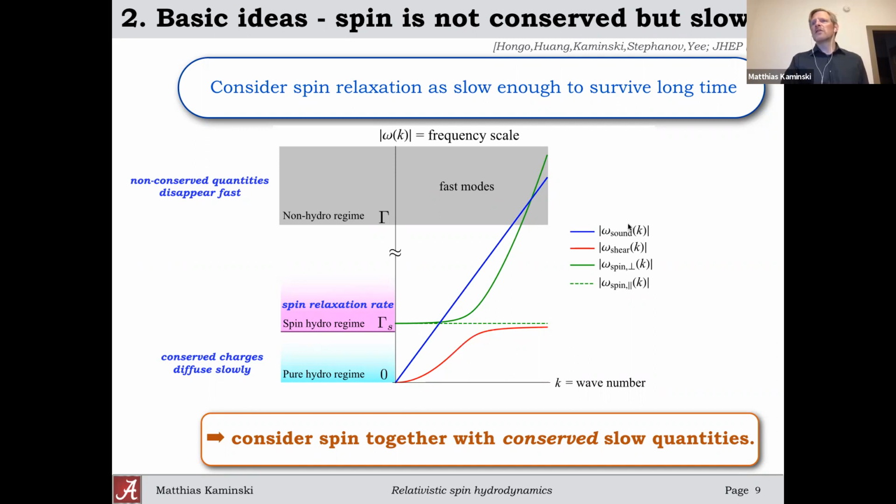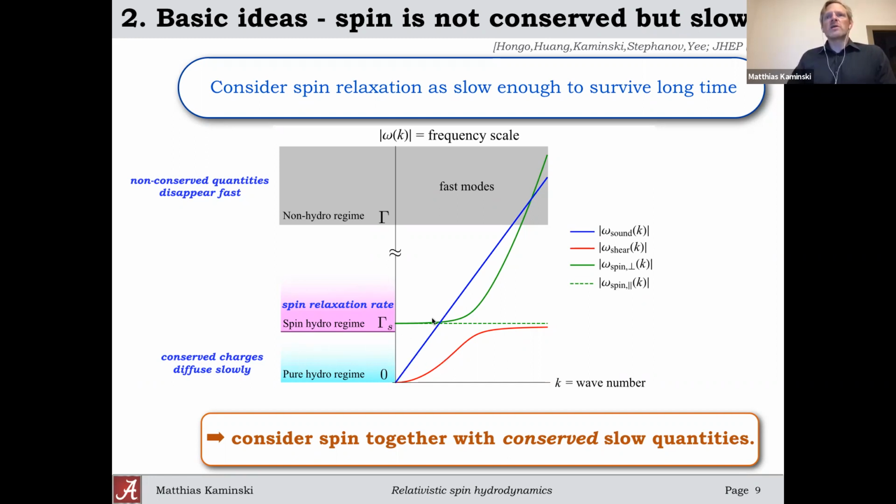What's plotted here is the absolute values, so this might look a little funny to you, but this is the shear dispersion relation. And the blue line is the sound dispersion relation. This is just a linear dispersion relation, right? The speed of sound is the proportionality constant here. And that's our pure hydro regime.